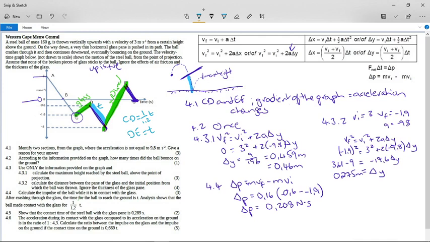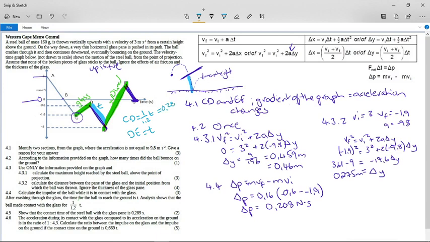Okay, so this is why this question gets interesting. It says to you, show that the contact time of the steel ball with the glass pane is 0,289 seconds. So this CD is 0,289.